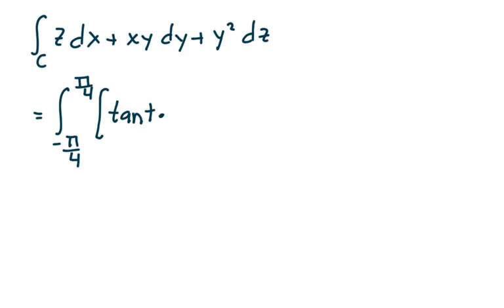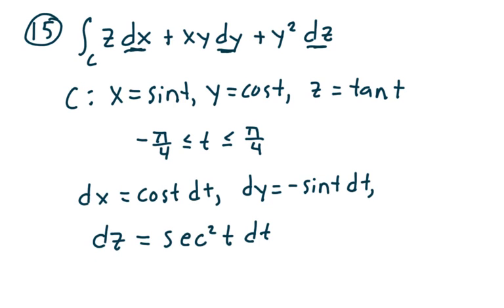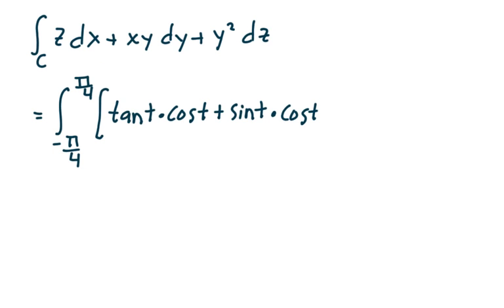So I'm going to write times cosine t, plus x is sine t. y is cosine t. dy, let's go back, is negative sine t.